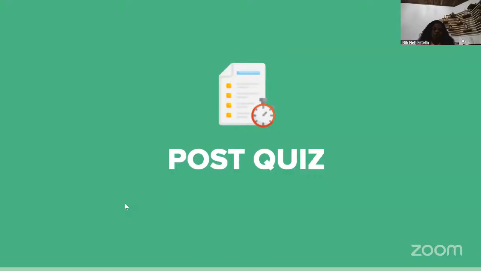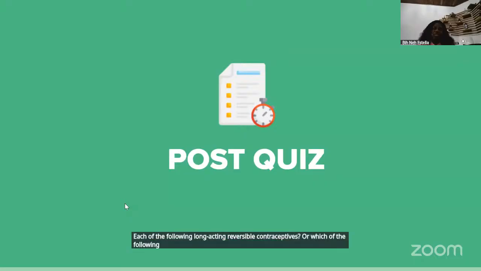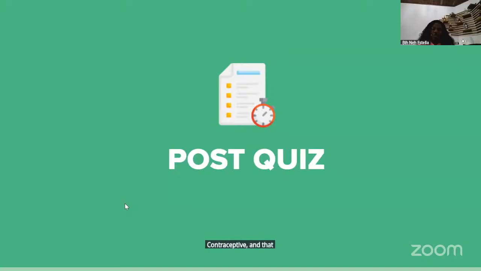Which of the following is a long-acting reversible contraceptive? And that would be the IUD. Where can someone typically access confidential sexual health services?